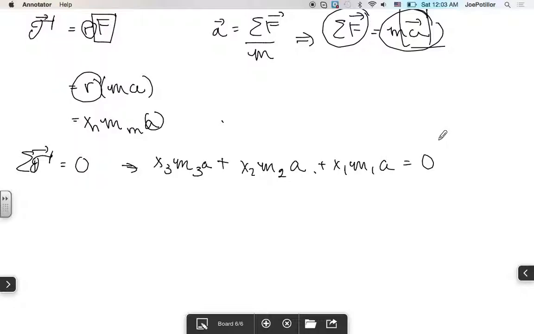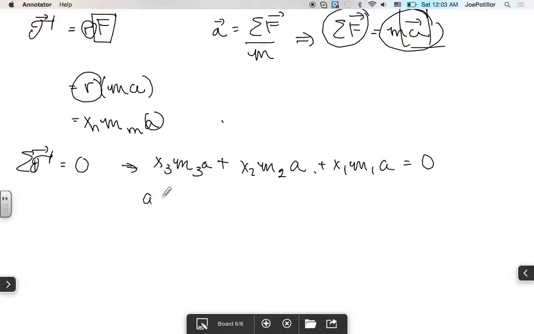The a is the same. Why is it the same? Because this is a system, so they're moving together. And because they're moving together as a system, they collectively undergo the same acceleration, even though they're at different distances. And of course, in this situation, the acceleration is 0.